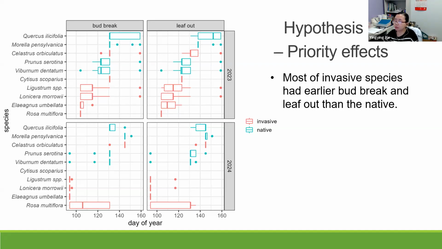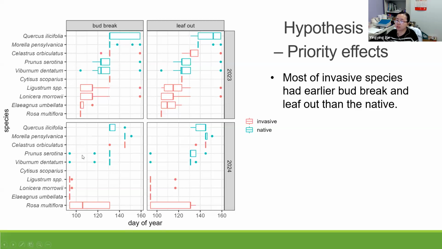Here the red ones are invasive and the blue ones are native. You can visually see that on the x-axis, the left is early, because that's the day of year. So if the dots or boxes fall on the left, it means they have early phenology.